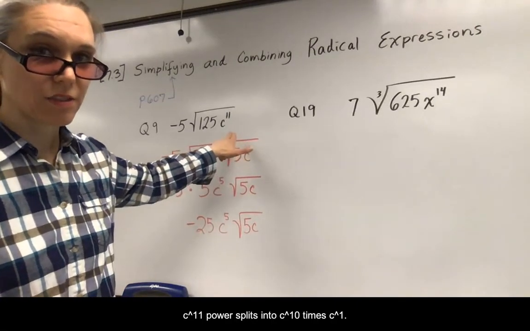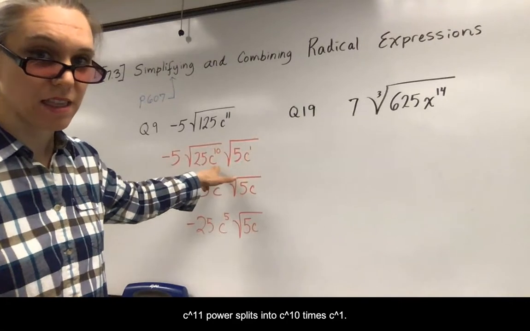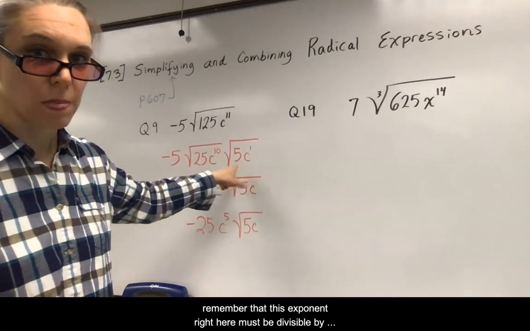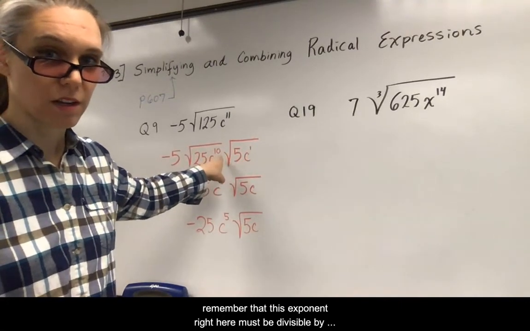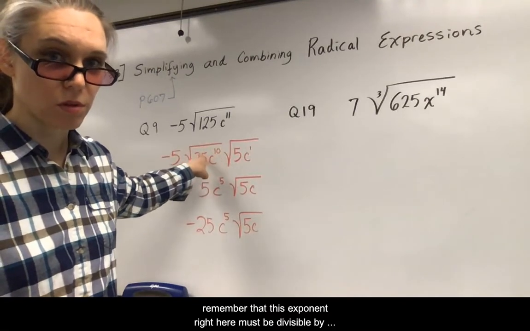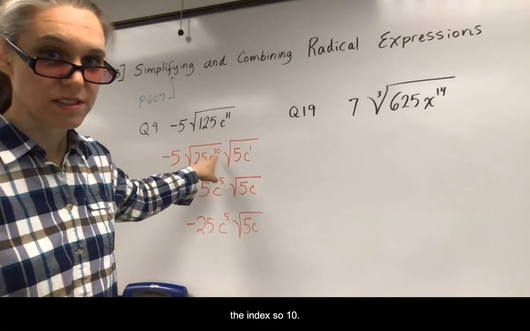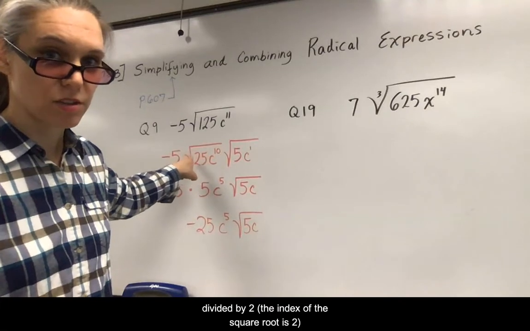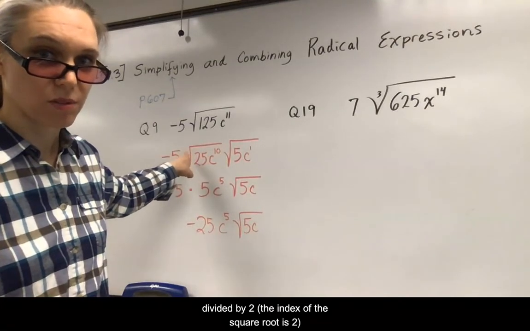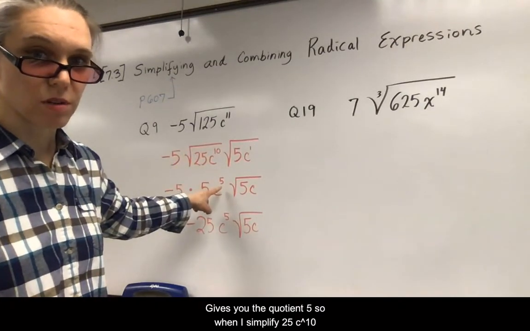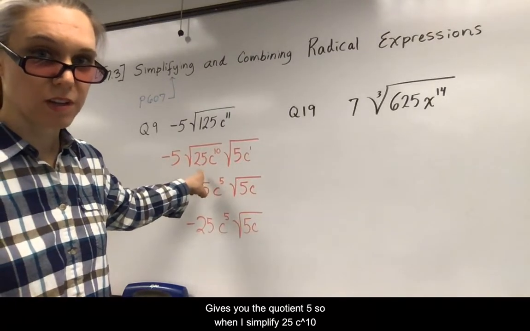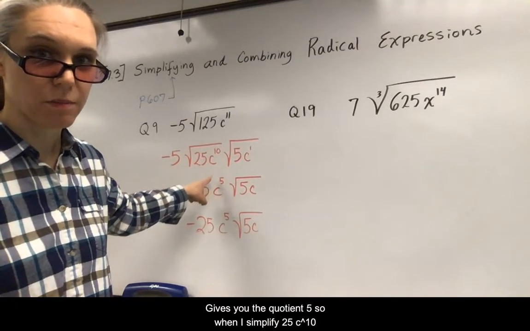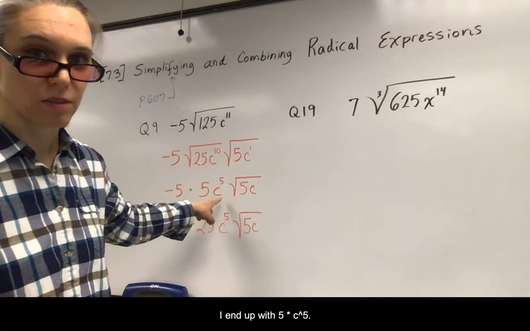Then c to the 11th power splits into c to the 10th times c to the 1st. Remember that this exponent right here must be divisible by the index. So 10 divided by 2, the index of a square root is 2, gives you the quotient 5. So when I simplified 25c to the 10th power, I end up with 5 times c to the 5th.